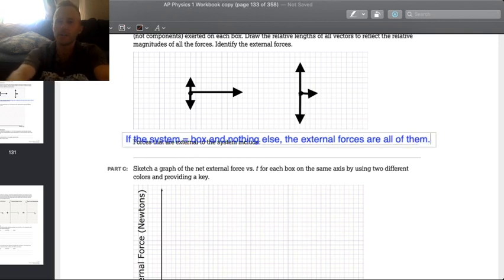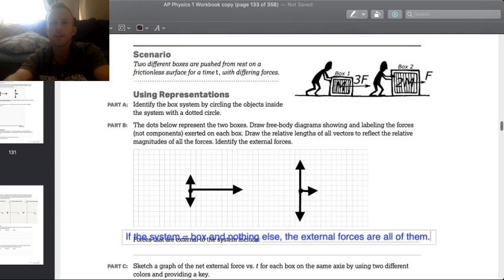Now, why do I say that? I say that because the applied force is coming from the person who is not part of the system. Gravity is coming from the Earth, which is not part of the system. And normal force is also coming from the surface of the Earth, which is not part of the system.